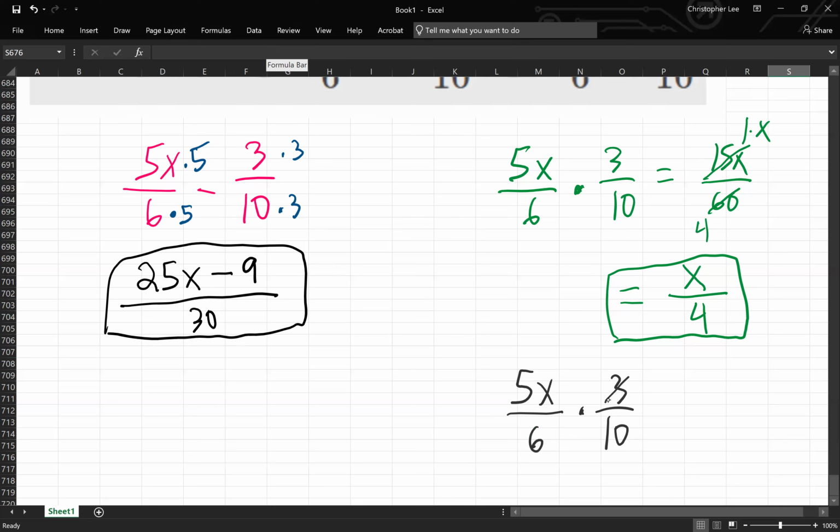So you could say 3 goes into 3 once, 3 goes into 6 two times. 5 goes into 5x 1x time, and 5 goes into 10 two times. Multiply straight across: 1x times 1 is just x, 2 times 2 is 4. That's another way you could do it. You can reduce diagonally before you multiply straight across. You guys want to try one or you want to move on?